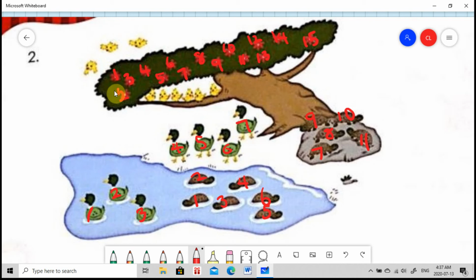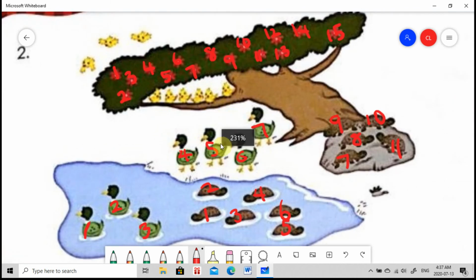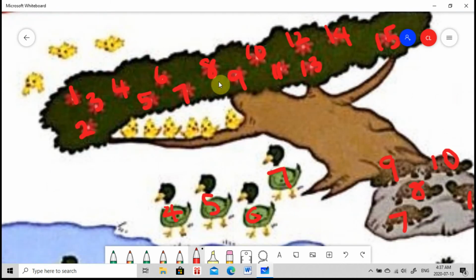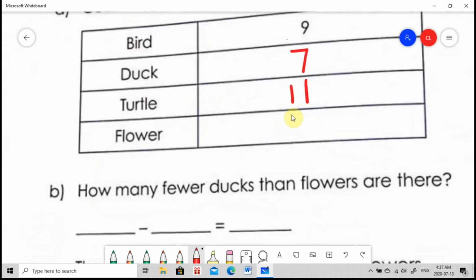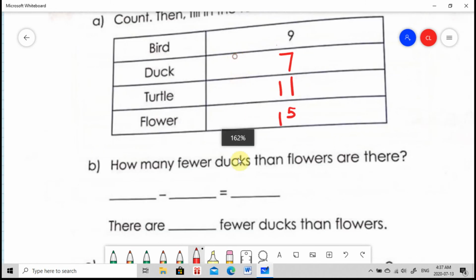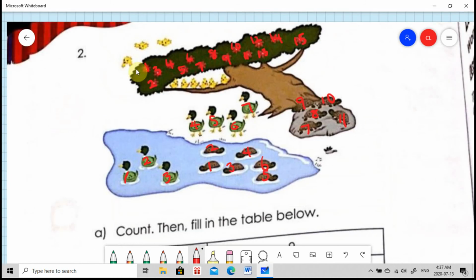So we have 15 flowers. We can write down 15. The bird is given. The bird is 9. You can count 1, 2, 3, 4, 5, 6, 7, 8, 9.